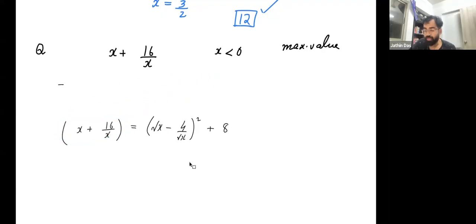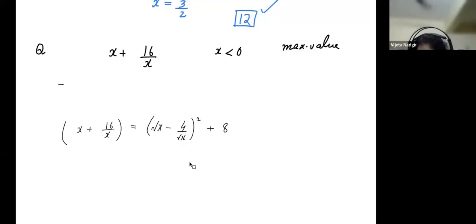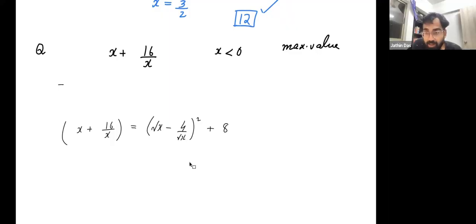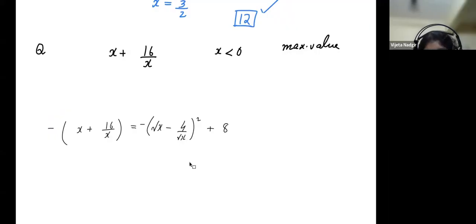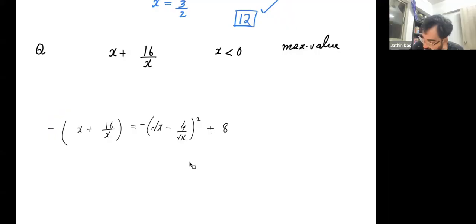Can you just check if what I did is correct? Leave the minus. I'm not doing it with the minus. As of now, is it correct? Correct, no? Okay. Now I took a negative common here. Why am I taking negative? Because I need it positive inside. So negative, and this becomes minus 8.